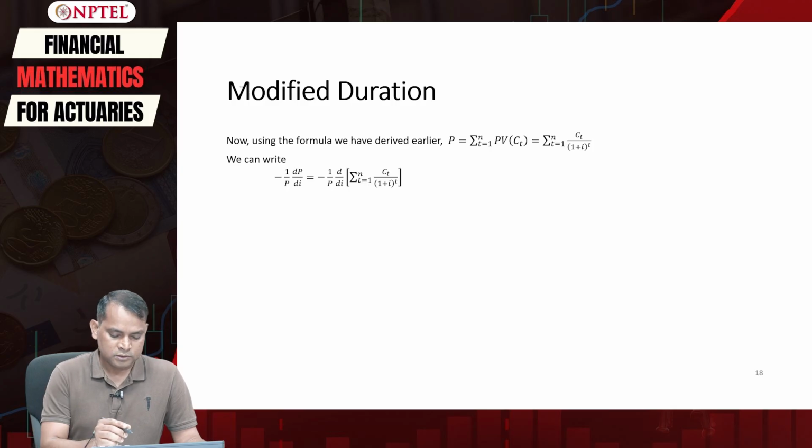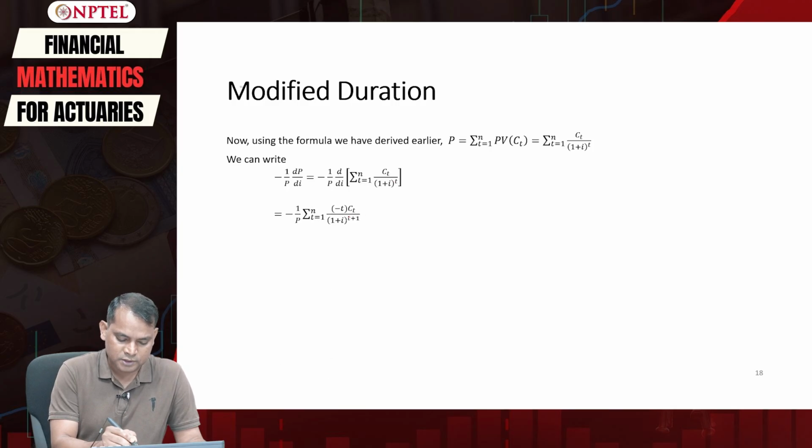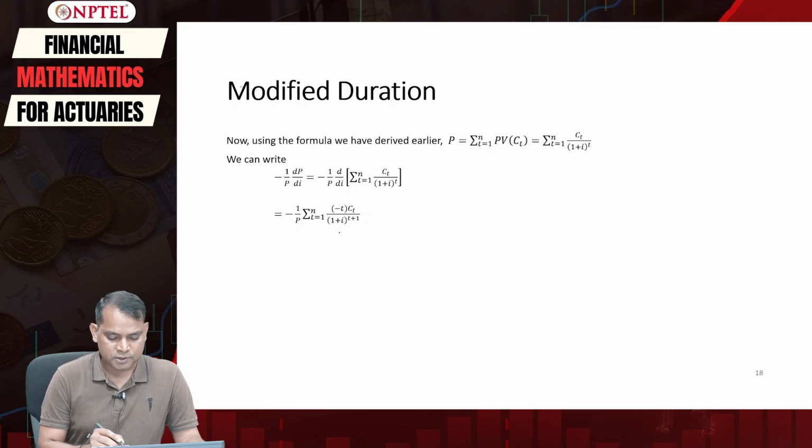Now we can solve for it, and on the right hand side, therefore, it will be minus 1/P times the summation of minus t times Ct divided by (1 plus i) to the power t plus 1.